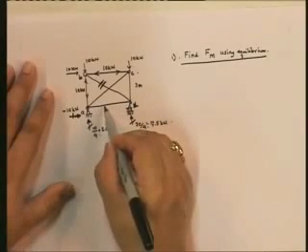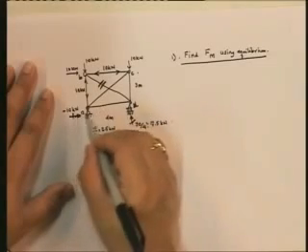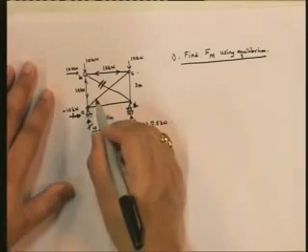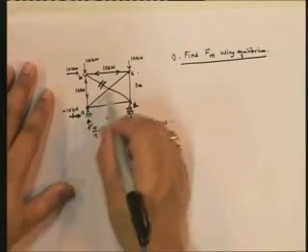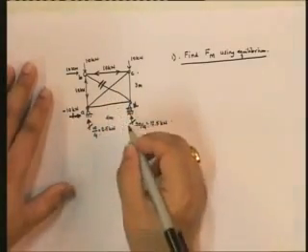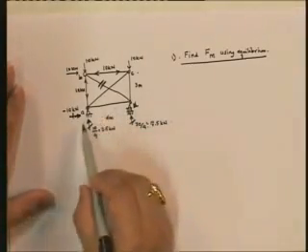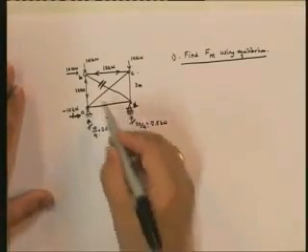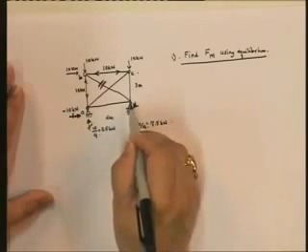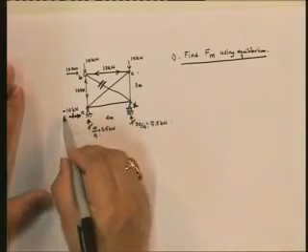If I take sigma Fx equal to 0, I'm going to get force in AD plus the horizontal component of the force in AC. The horizontal component of AC plus the member AD is going to be equal to minus 10.